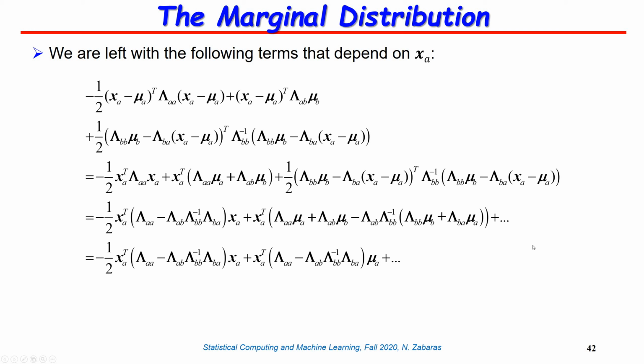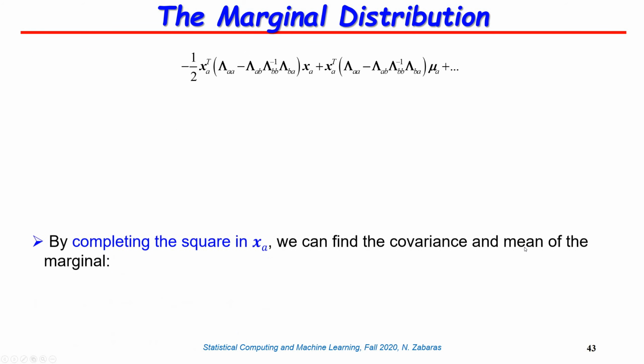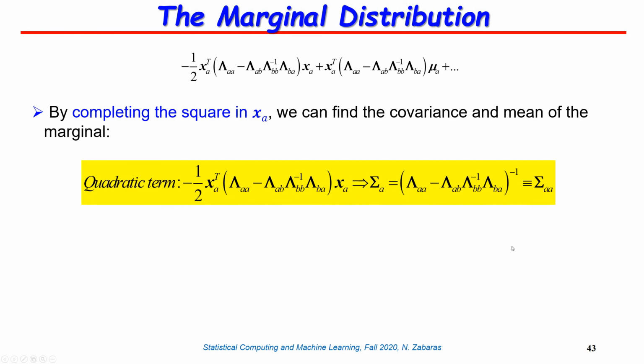You need to complete the square in XA, and when you complete the square in XA, you get a Gaussian in XA, and the algebra is given on this slide in identifying the mean. So immediately you can see that this will be the precision of this marginal, or this will be the inverse covariance matrix that you see here.